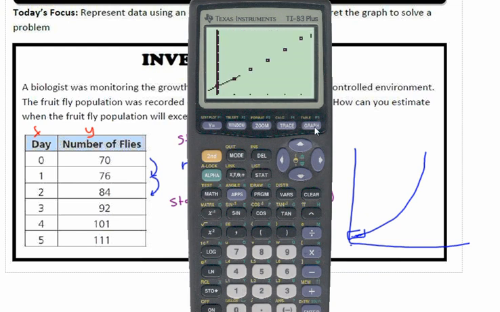Okay, so we'll go through these steps again. Zoom out. We went to stat and edit, that's our first step.